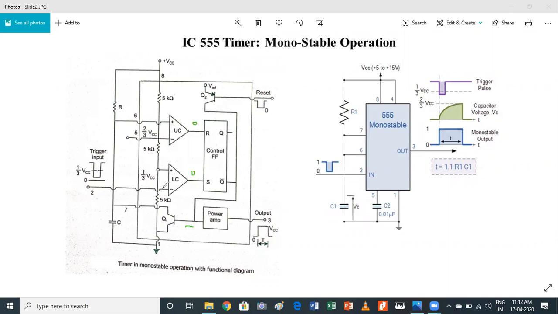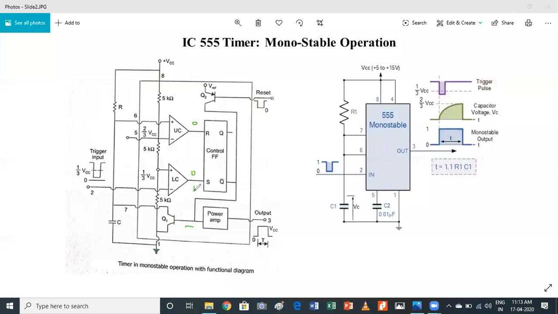If the lower comparator input is less than 1/3 VCC, that is, the Vin is less than the reference voltage, the lower comparator output becomes 1.